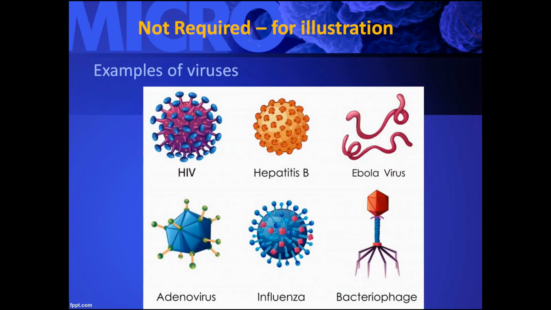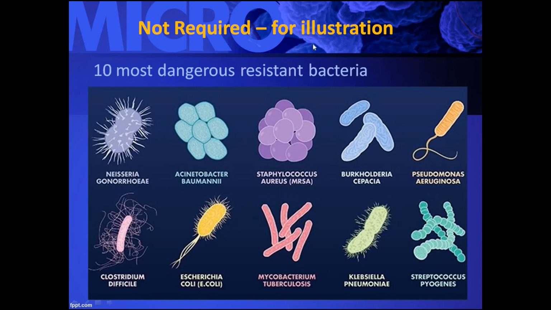Okay, these are some examples of viruses. Viruses can have multiple shapes, and these are some shapes of viruses. The bacteriophage has a complex shape, and it infects a bacteria.